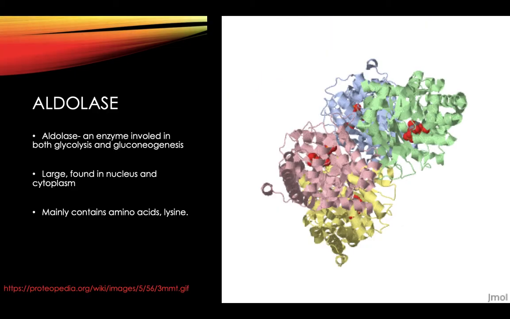Now we're going to talk about something I haven't really had the chance to mention yet, and that is our friend aldolase. Aldolase is a large enzyme that is found in the cell. It's in the nucleus, in the cytoplasm, and it's involved in the conversion process of fructose 1,6-bisphosphate into dihydroxyacetone phosphate.